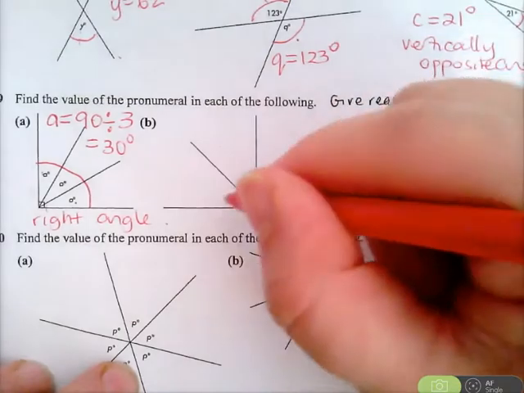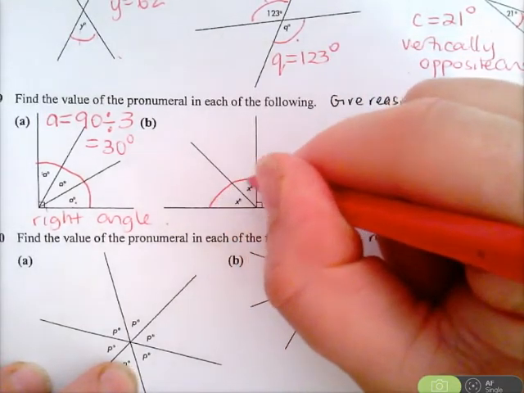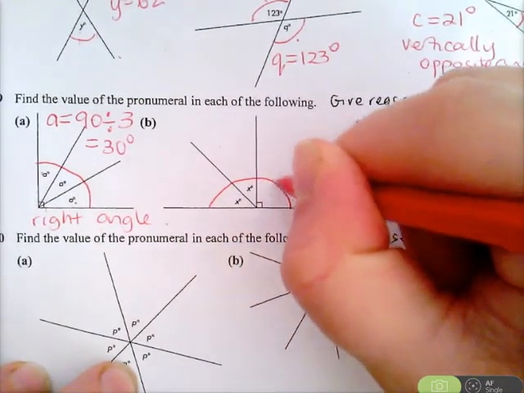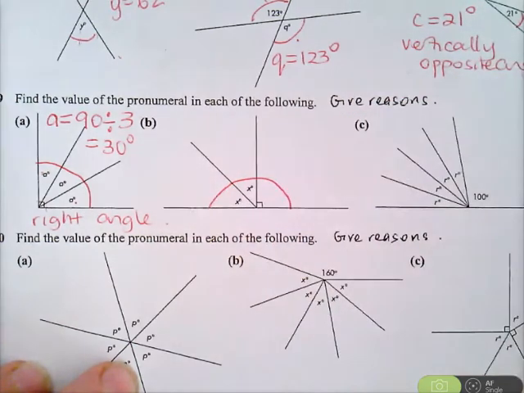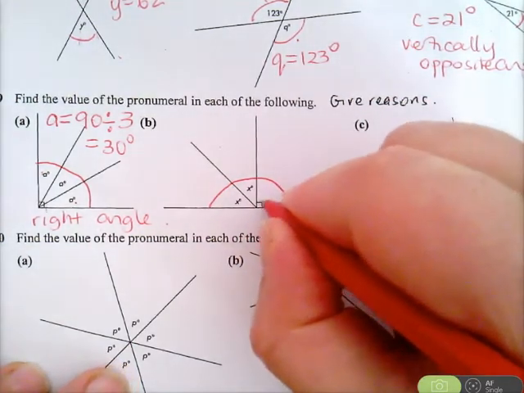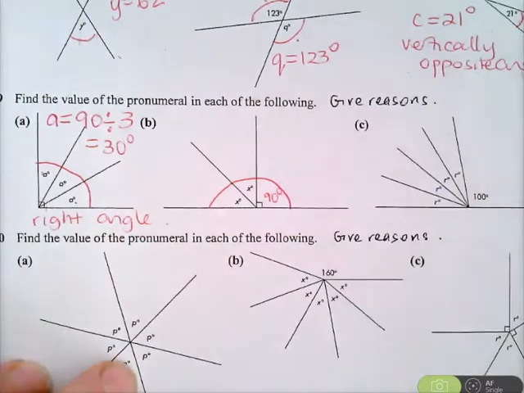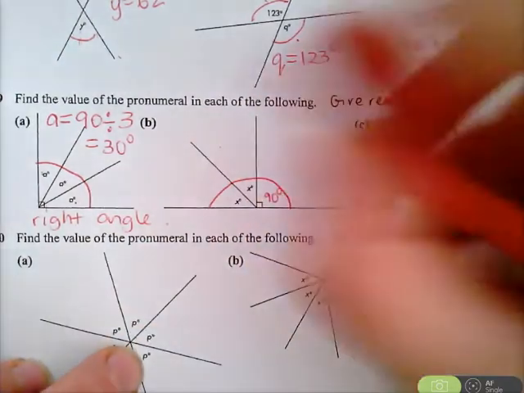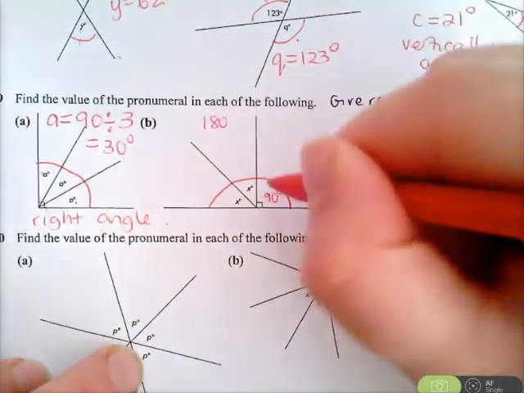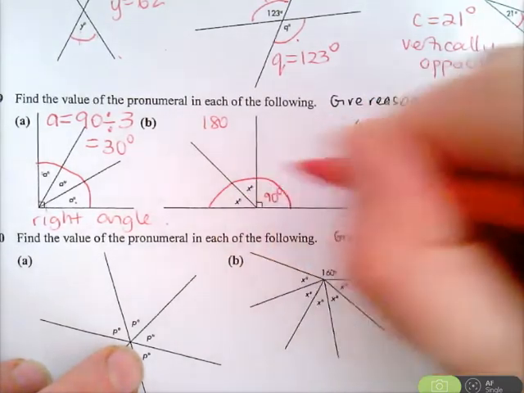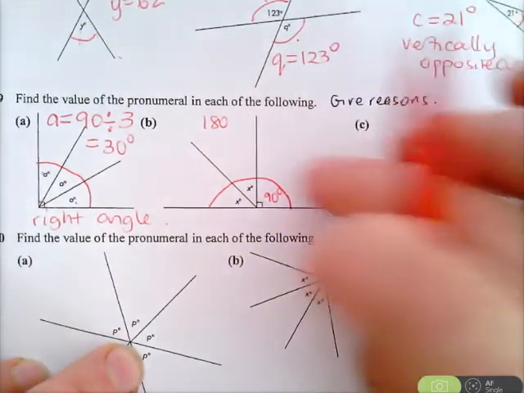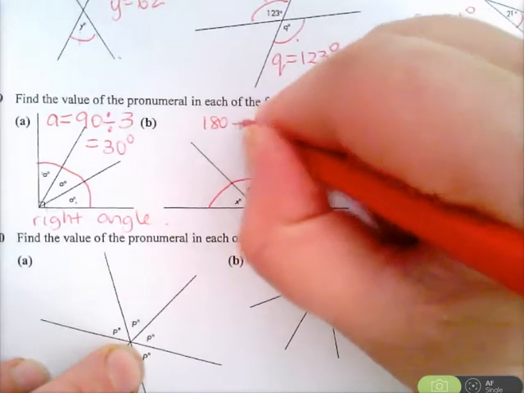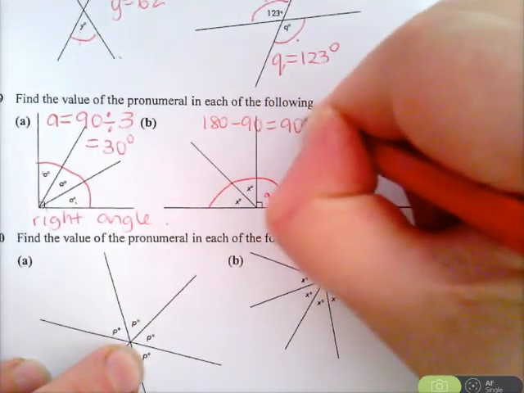Okay, in the next question, let's just see what angle we've got. So we've got all the way from there to there, and that makes a straight line. But we know that this bit here is also 90. We're trying to work out these x's here. So we'll do 180 minus 90, and that gives me 90 degrees.